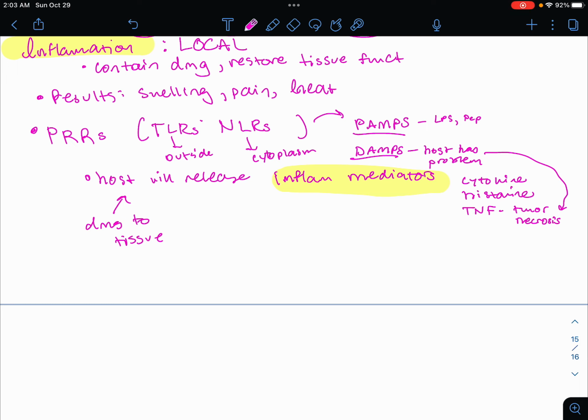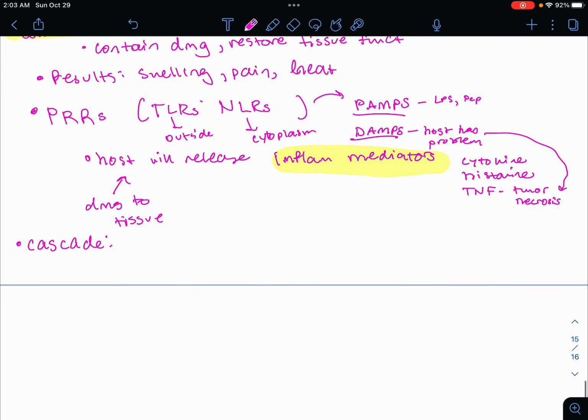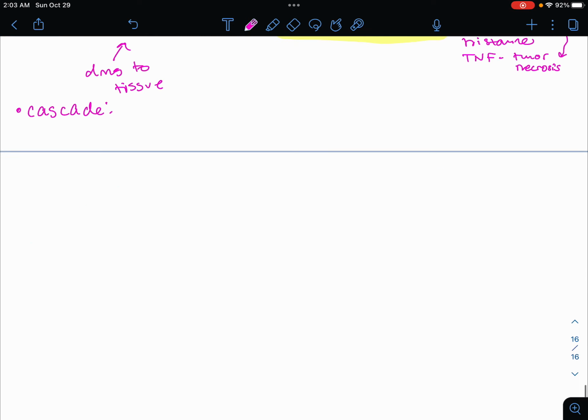And this is going to cause a cascade of events. Cascade would be including a dilation. I'm going to actually just move down here. So dilation of vessels, the blood vessels. When there's increased flow, this is going to be heat and redness.